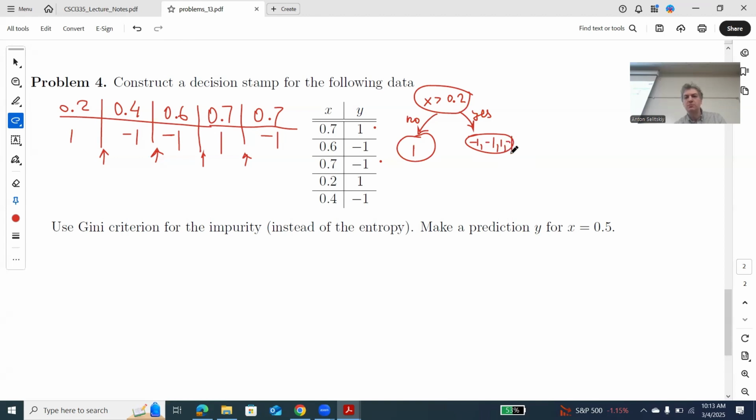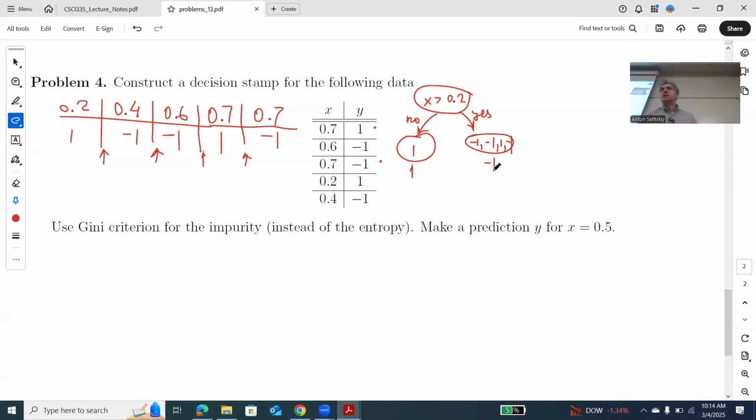Okay, what will be the prediction in my left and right nodes? Here will be 1, and in the right node, the prediction will be negative, based on the majority, because we have more points for the label 1 here.